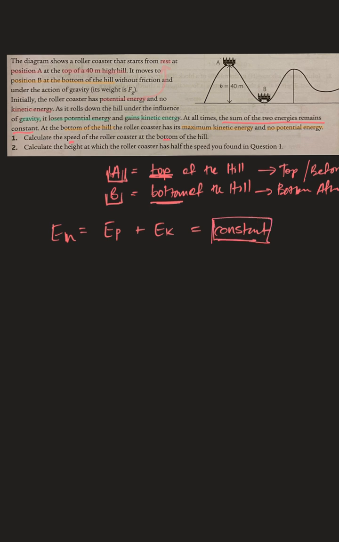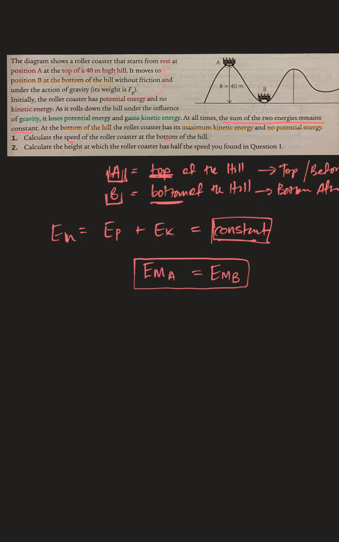The potential energy of the roller coaster is due to its position in the gravitational field of the earth. So what we need to understand is that the formula we're using is EM of A must be equal to EM of B. That's our first equation that needs to be written down.